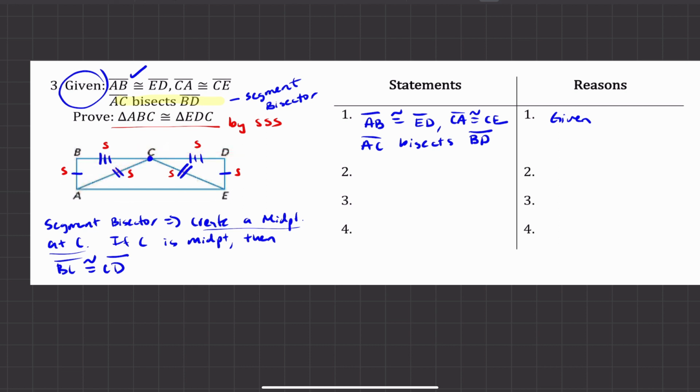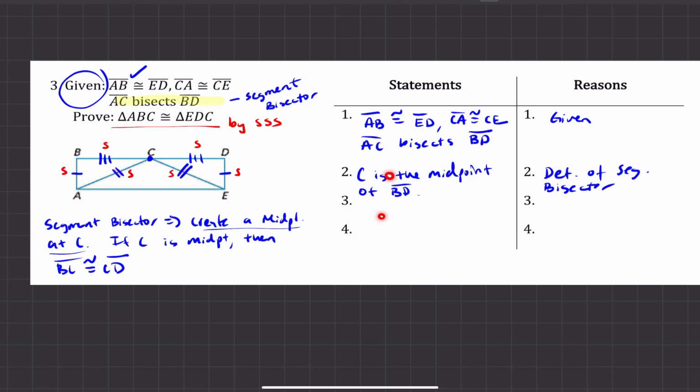So what happens when segment AC bisects segment BD? Well, by definition of segment bisector, it creates that midpoint C. So C is the midpoint of what? Of segment BD, right?